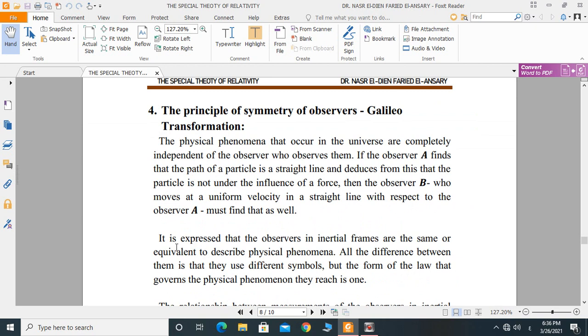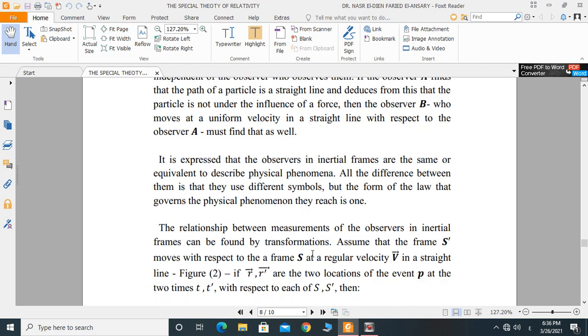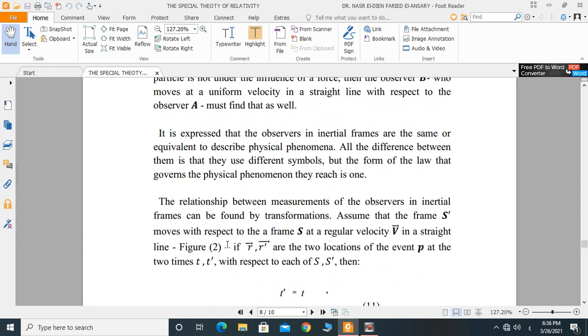This is expressed by saying that the observers in inertial frames are the same, or are equivalent, to describe physical phenomena. The relation between measurements of the observers in inertial frames can be found by transformations.